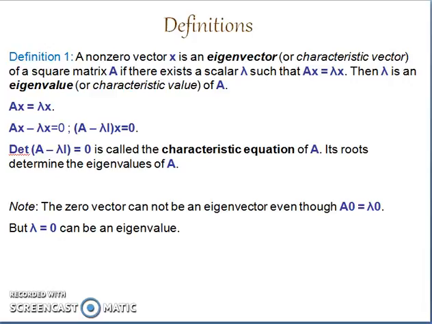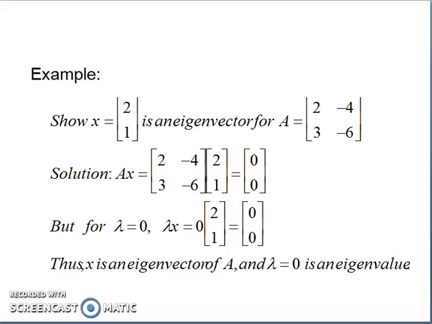Note that the zero vector cannot be an eigenvector, even though A times 0 equals lambda times 0, but lambda equal to 0 can be an eigenvalue. For example, we have to show that Ax equals lambda x. Consider the vector (2, 1) and show that it is an eigenvector for the matrix A equal to [2 -4; 3 -6].